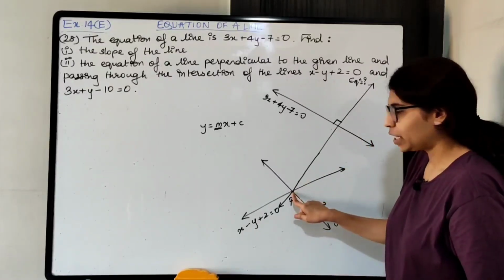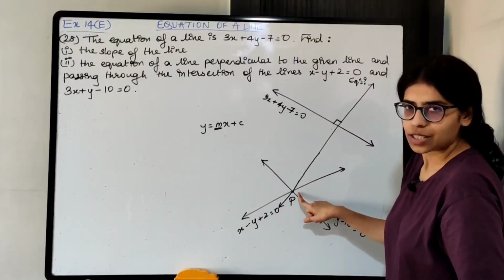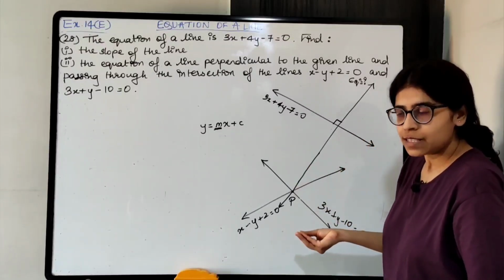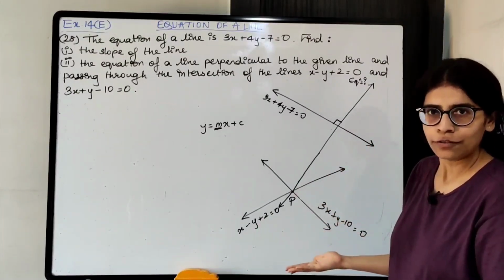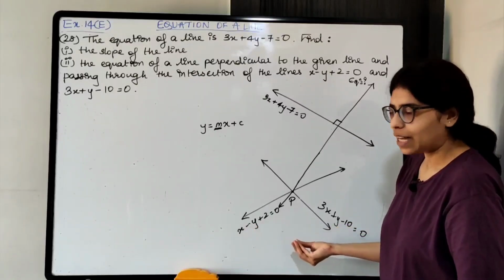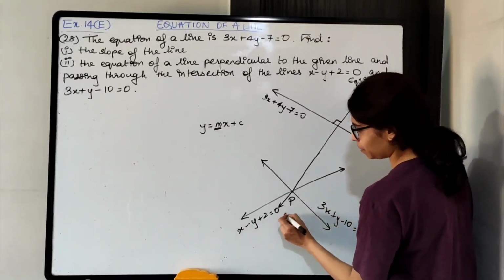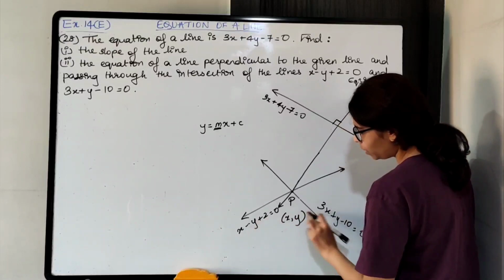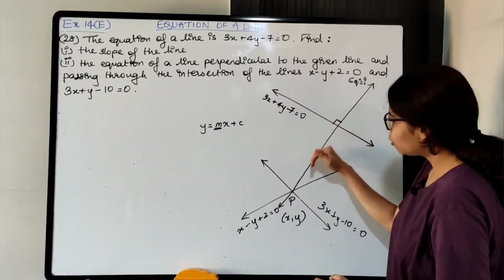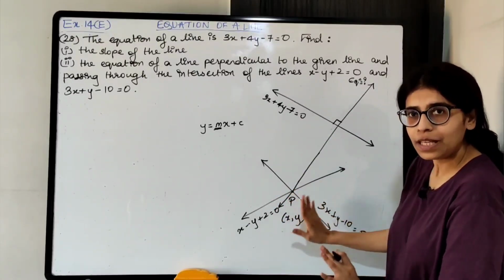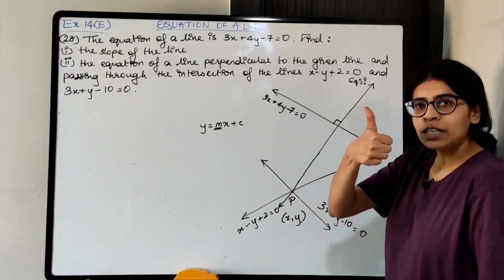It is passing through point P where these two lines are intersecting. All I have to do is solve the two linear equations. दो linear equations solve करना है. जो भी x and y का value मिलेगा that will be the coordinates of P. So ये दोनों equation solve करके मुझे P का coordinates मिल जाएगा, and this perpendicular line is passing through point P. So one point का coordinates मिल रहा है.